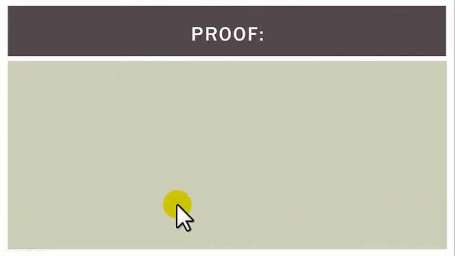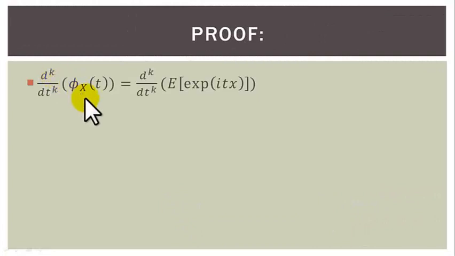Proof. The kth derivative of the characteristic function φ_X(t) with respect to t is equal to the kth derivative of the expectation of e^{itX} with respect to t.